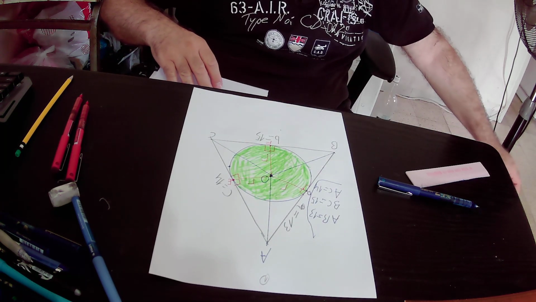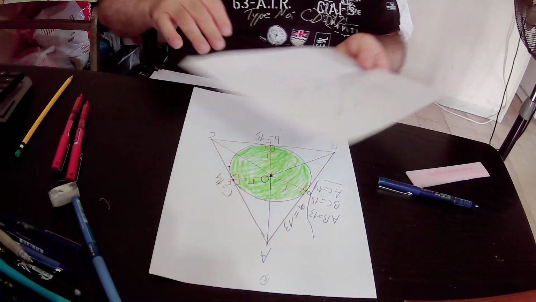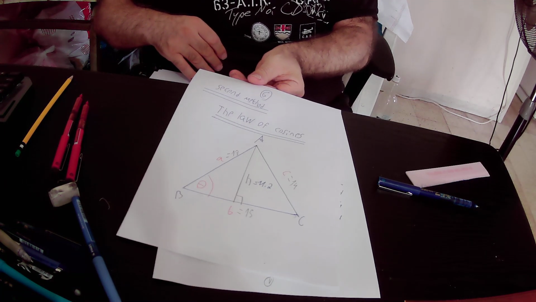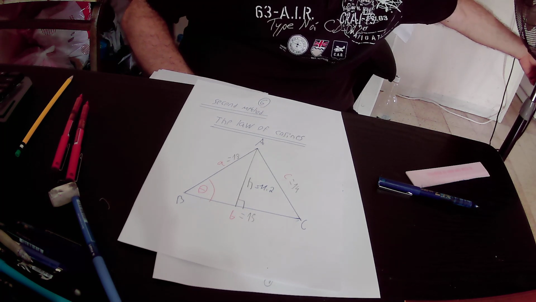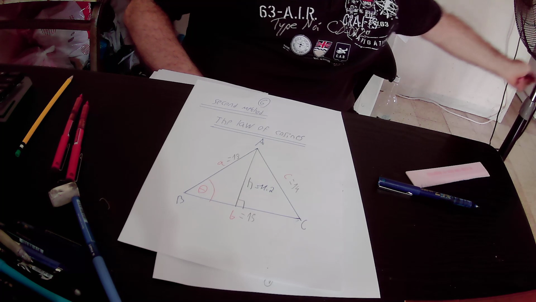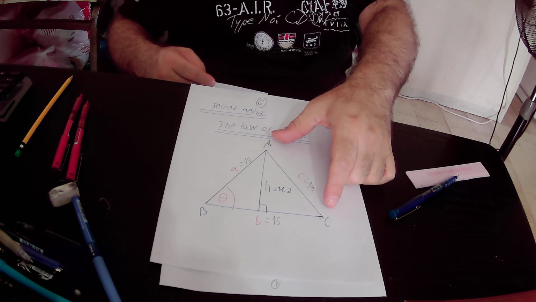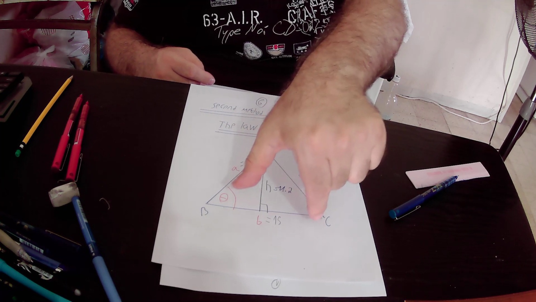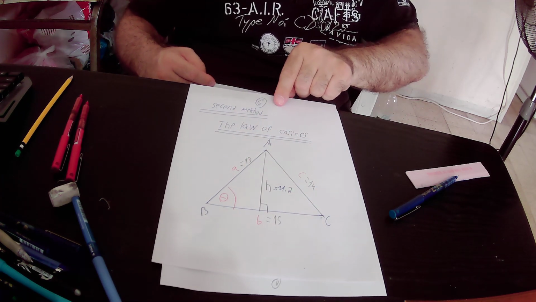Okay, and then we found out the area of this triangle ABC in the second method, according to the law of cosines. C square equals A square plus B square minus 2 times A times B times cosine theta.